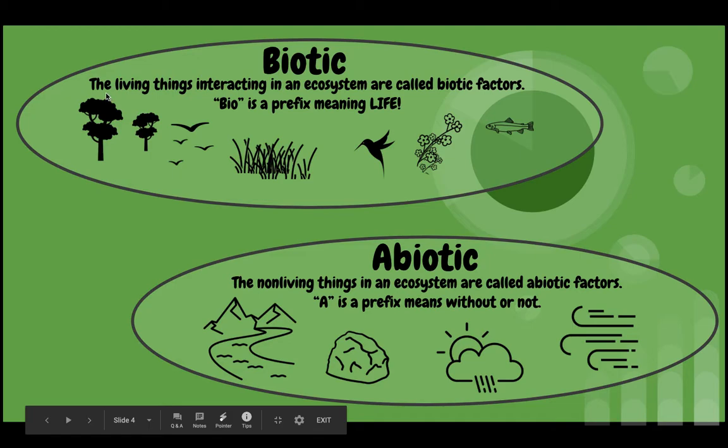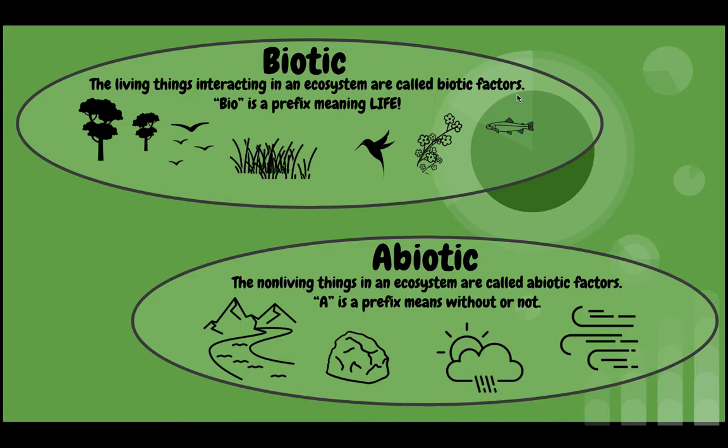If we look at biotic, it says the living things interacting in an ecosystem are called biotic factors. Bio is a prefix meaning life. You've probably seen that in biology, the study of life, or a biography, where somebody writes about someone's life.